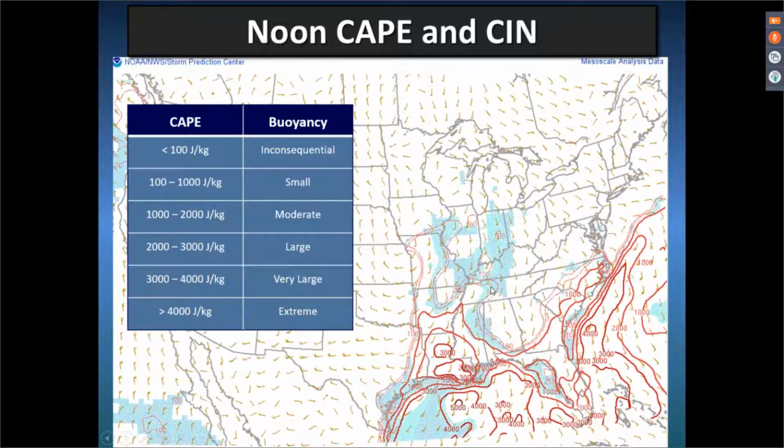And even some of these light red lines are indicating 100 CAPE, which is the minimal amount of CAPE, starting to nose into Middle Tennessee here. But you can see these blue hatch lines, there's still a lot of CIN, or convective inhibition, in place across Middle Tennessee. So again, there's nothing suggesting severe thunderstorms are imminent across our area. But all this instability to our southwest moving northward is definitely a concern.